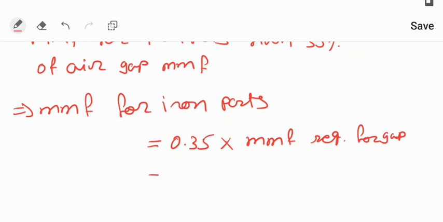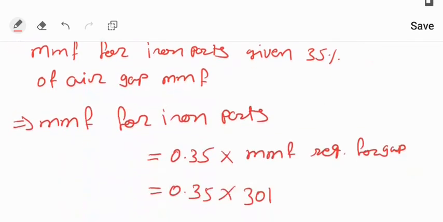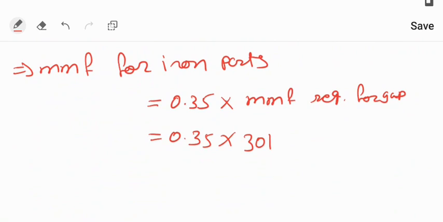So 0.35 into 301, where 301 came from the MMF required for gap, the value of ATG. We find 105 amps. So the MMF for iron parts is 105 amps.